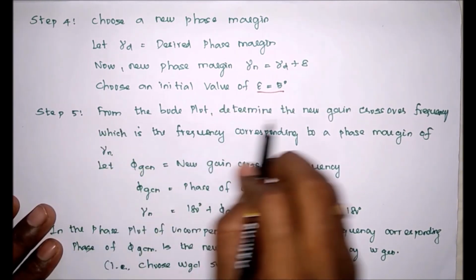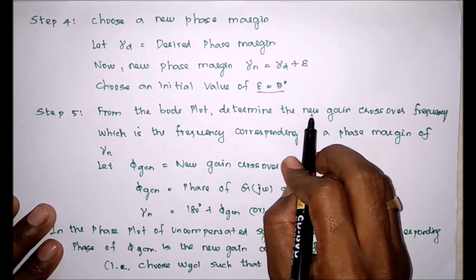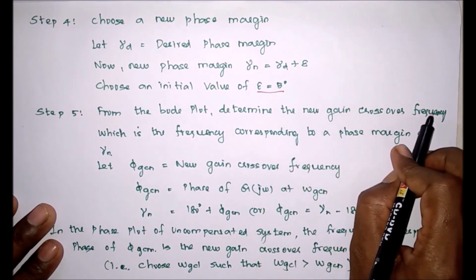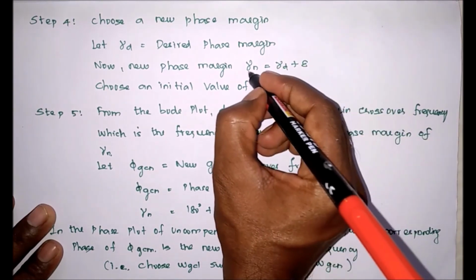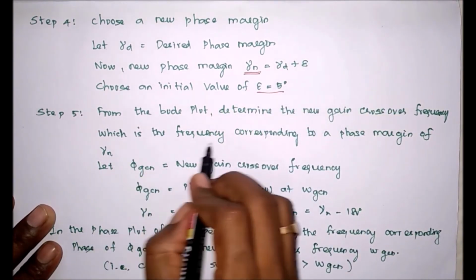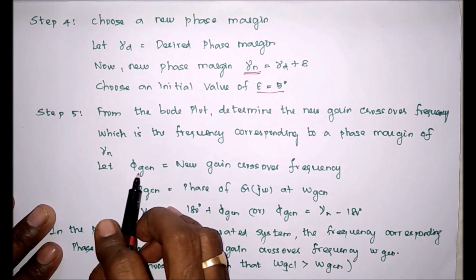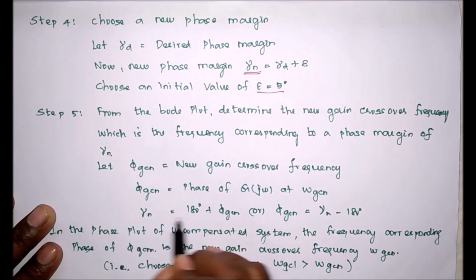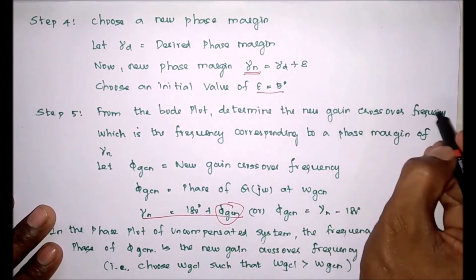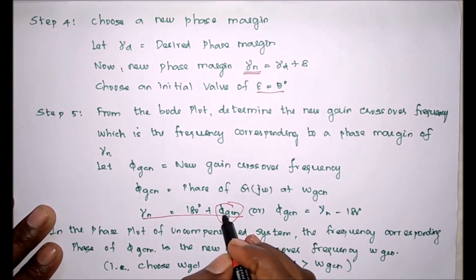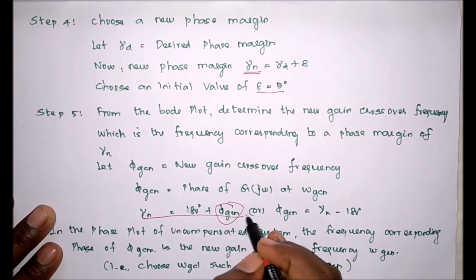So from the Bode plot, we have to determine the new gain crossover frequency. It means we have to determine the gain crossover frequency for the new phase margin. Now we substitute into this equation for the new gain crossover frequency, and we will get the new angle φGCN.